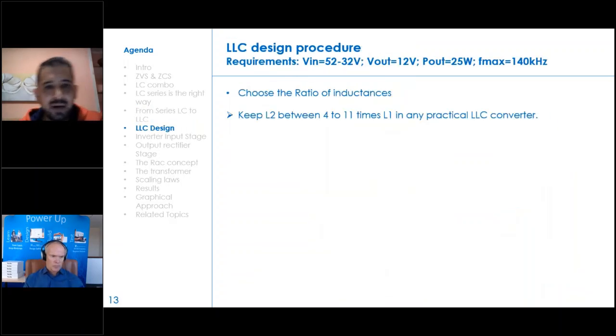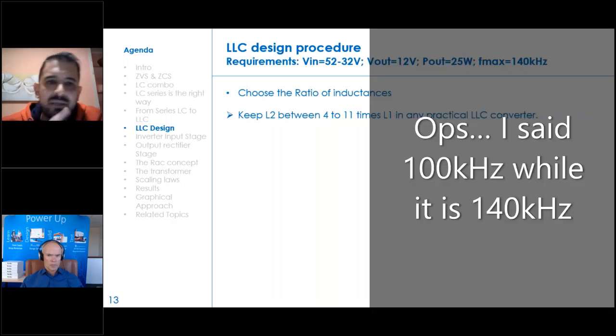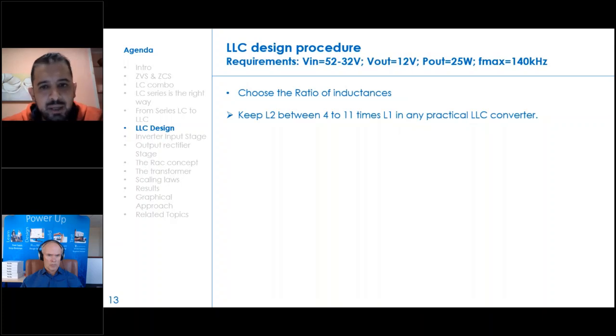Now, this is the first example in which requirements are reported on the top. So we have an input voltage that varies between 32 and 52 volts, an output voltage of 12, output power of 25, with a maximum working frequency of 100 kHz. This is the first example of 3 examples we will make here this evening.